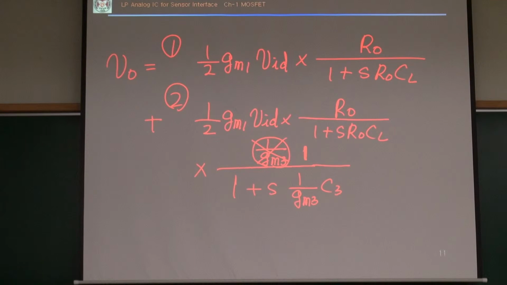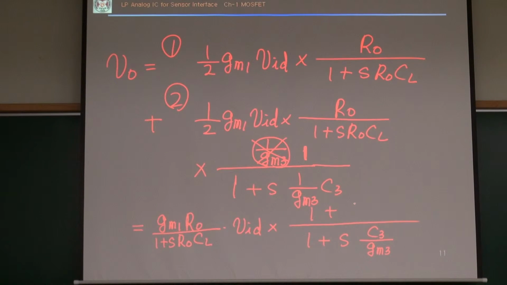Then, if I add them together, what happens? Let me see. It should be GM1 RO 1 plus S RO CL VID times, I think we'll get something like this equation.